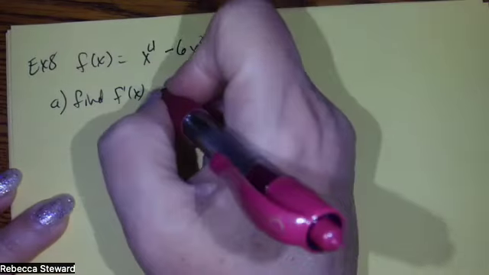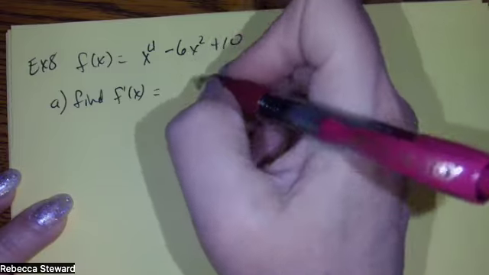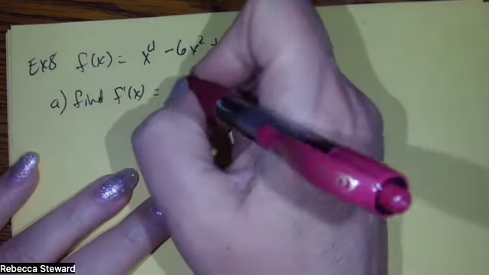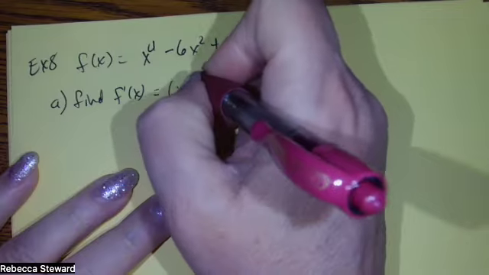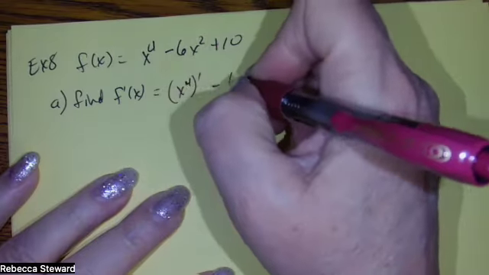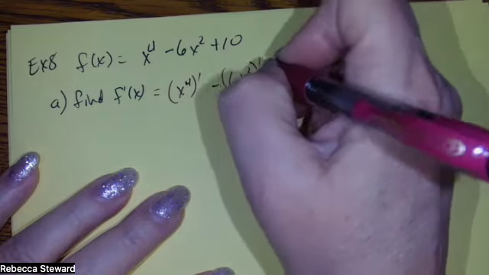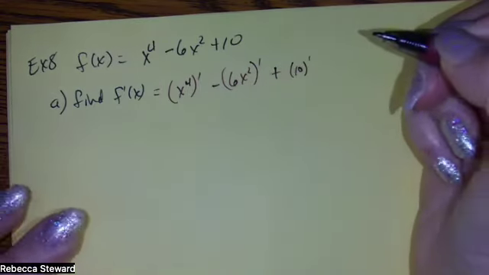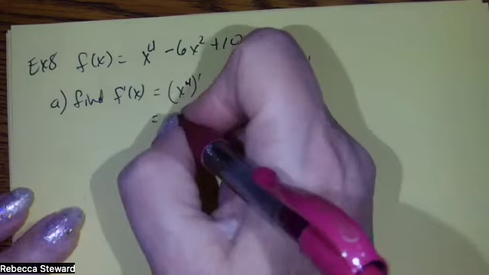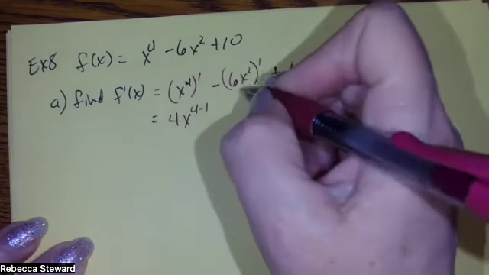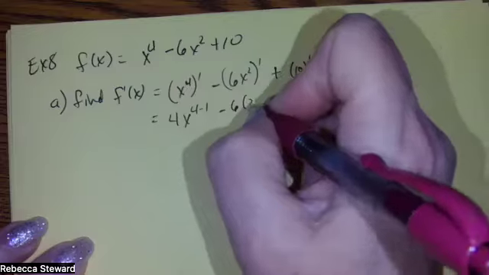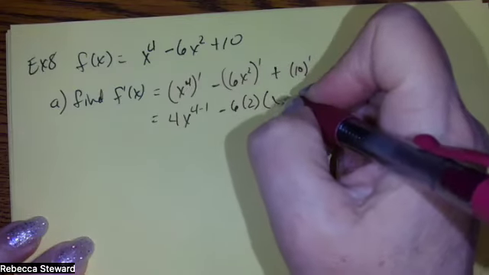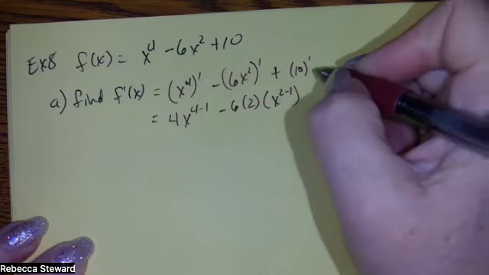So our derivative is going to be equal to, we've got 3 parts here again. So we're looking for the derivative of this minus the derivative of this plus the derivative of 10. So this will get us 4x to the 4 minus 1 minus 6 times 2 times x to the 2 minus 1.